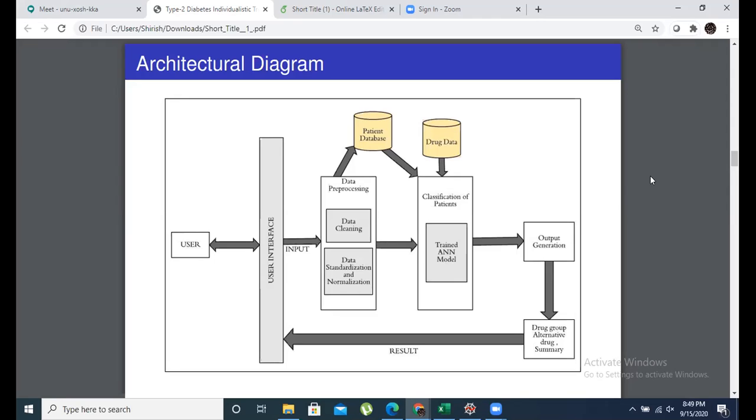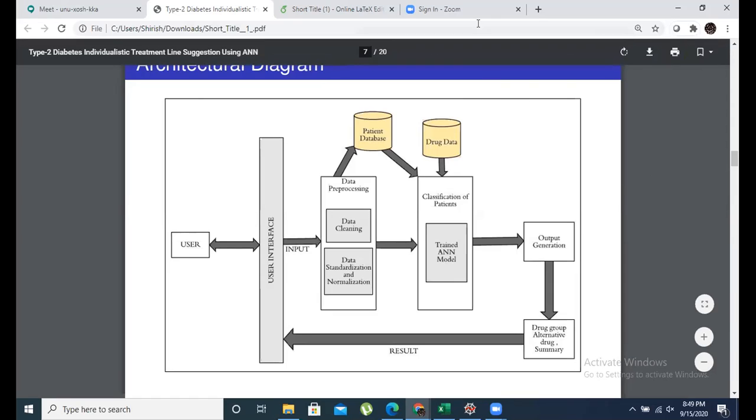Then the ANN will process its output, and it will be given to a GUI system, and it will display its summary to the doctor. The rest of the backend process will be explained by my fellow member Atharva Dharne.